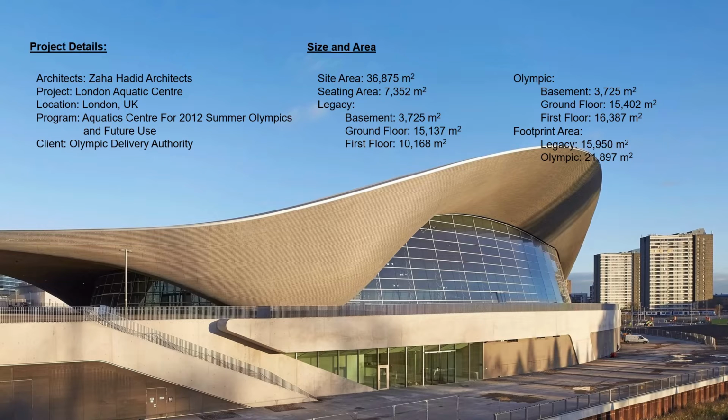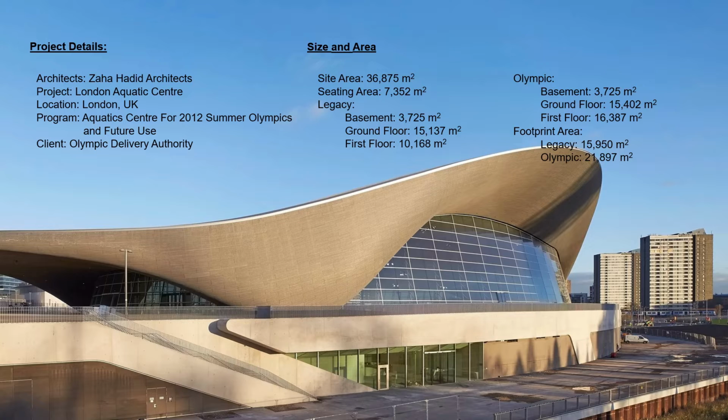So talking about the legacy mode, the basement has 3,725 meters square, whereas the ground floor covers 15,137 meters square and the first floor covers 10,168 meters square. Whereas in Olympics, the basement is 3,725 meters square, same as the legacy.